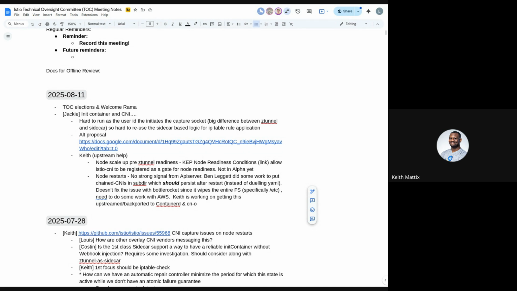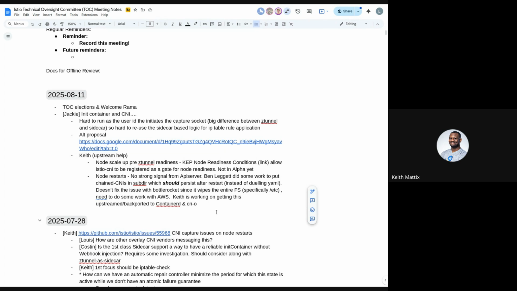And I think if you pair the CNI change in Containerd with the node taint controller that we have today, that'll actually solve it. Because node readiness, I think, just replaces the taint controller. John or Louis or someone else, correct me if I'm wrong, but I think they're solving for the same problem, which is the new node scale out.